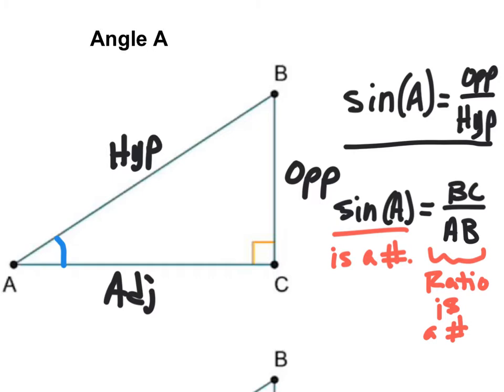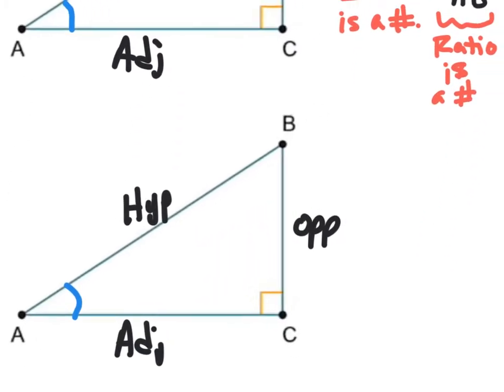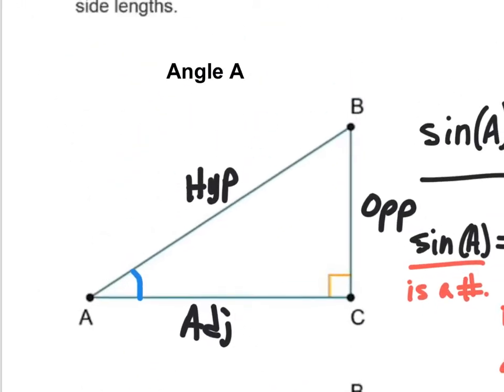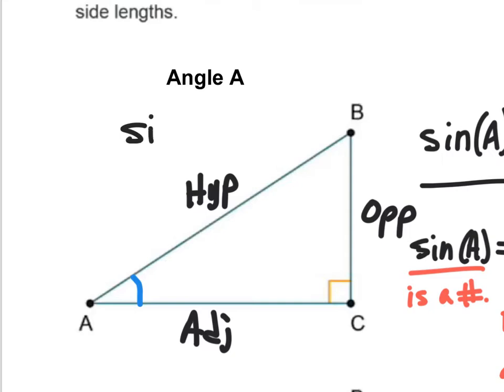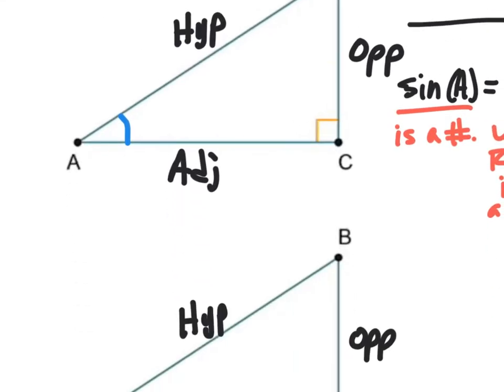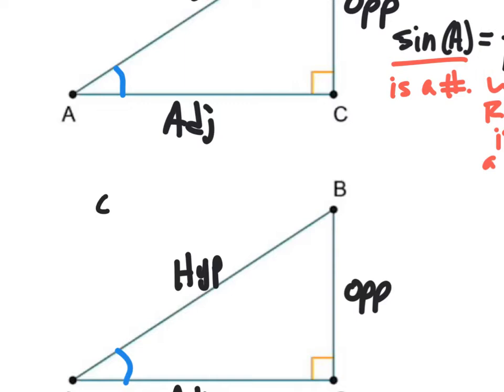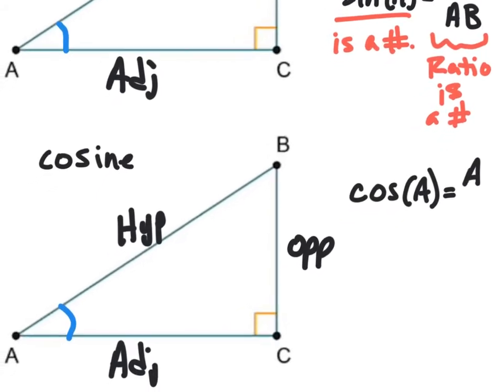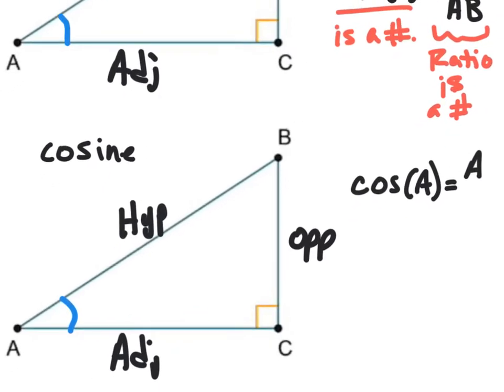Now let's take a look over here and write cosine. For cosine, I would use the abbreviation COS, cosine of angle A, and that would be equal to my adjacent side divided by my hypotenuse.